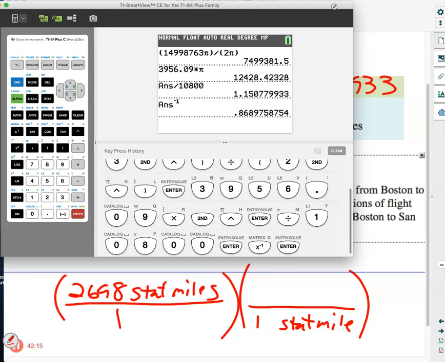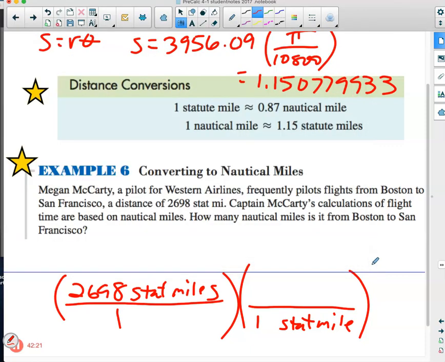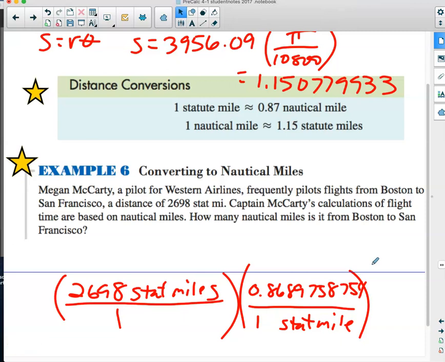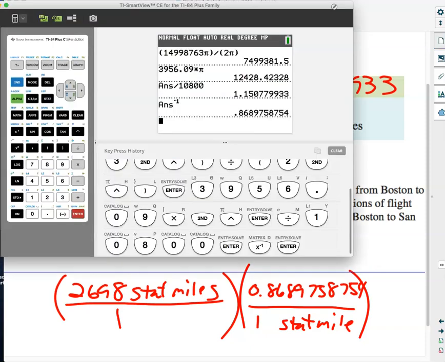There's no way I'll remember all those decimals when I write them down here. Now the good news is I still have that on my graphing calculator back there. So all I have to do is take it times 2,698.